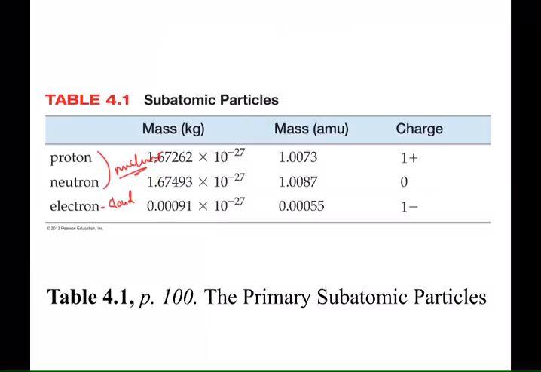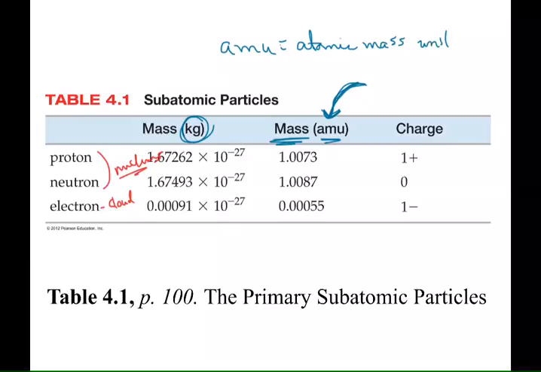So speaking of mass, here we go. This is how much each subatomic particle weighs in kilograms. This is how much each subatomic particle weighs in a new unit developed to measure small things like atoms and molecules, called an atomic mass unit, an AMU. I have a slide coming up in unit 2 on the atomic mass unit, not to be confused with an astronomical unit, an AU.